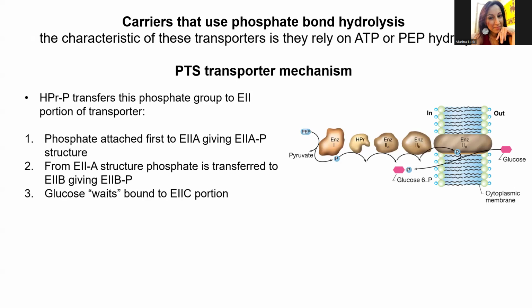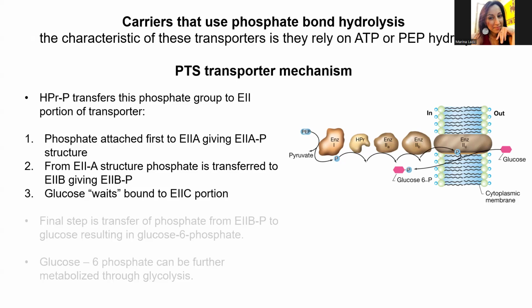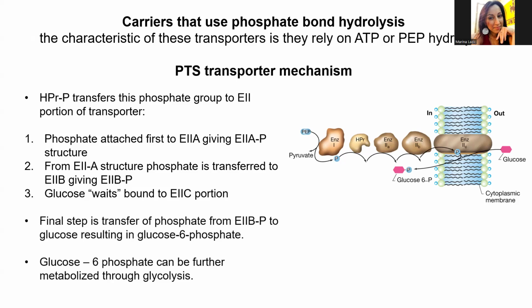Glucose is actually waiting at the insoluble E2C component that is in the membrane. The phosphate group goes from A to B to C, which is in the membrane, and that's where glucose waits to be phosphorylated. So when E2B gives the phosphate, it's not giving it to the C component, it's giving it to the glucose.